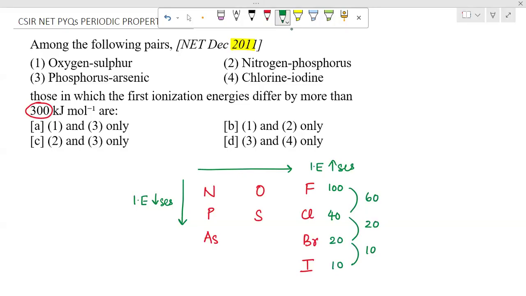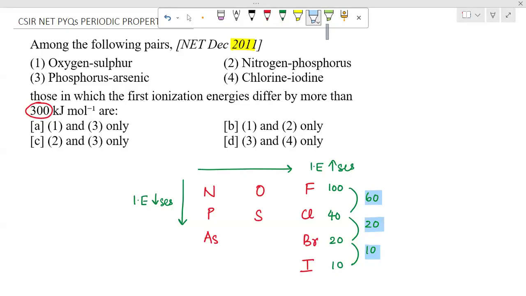So what I'm trying to say is as we move down the group, it is true that the ionization energy decreases, but the differences between adjacent elements along a group keep decreasing. Highest is here, then 20, and then 10. For all properties, this is the trend: the differences between adjacent species within a group keep on decreasing.